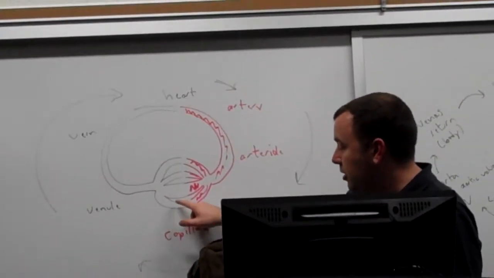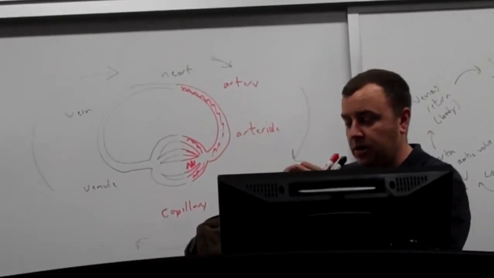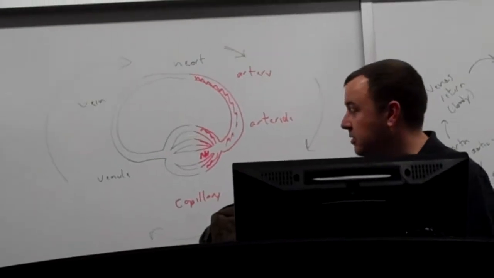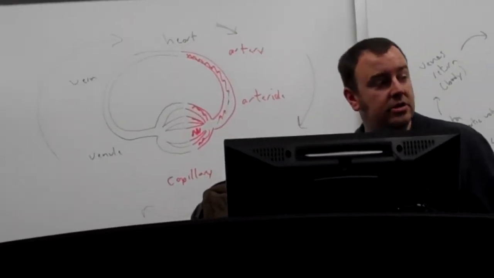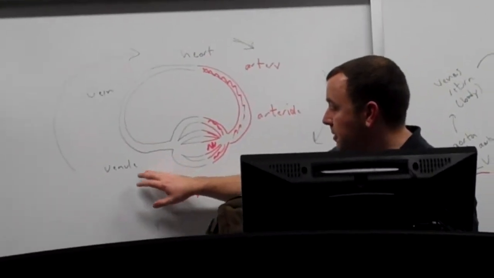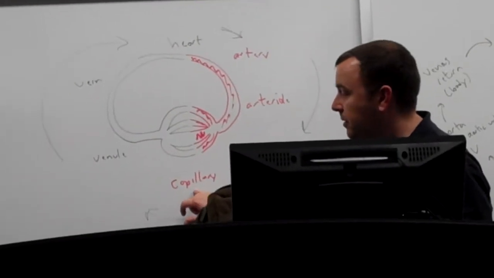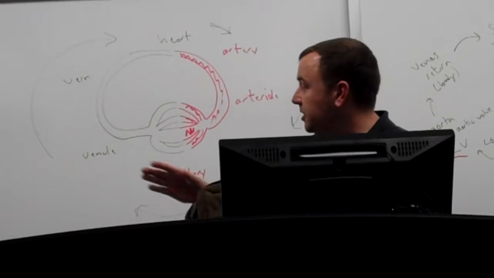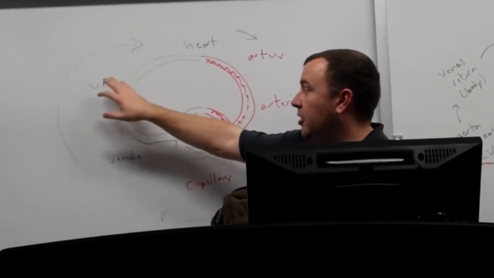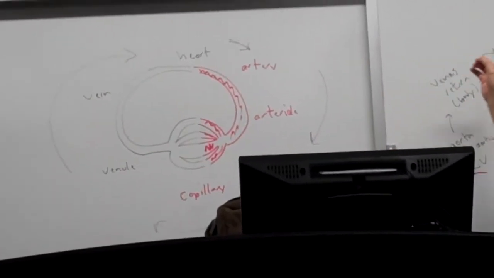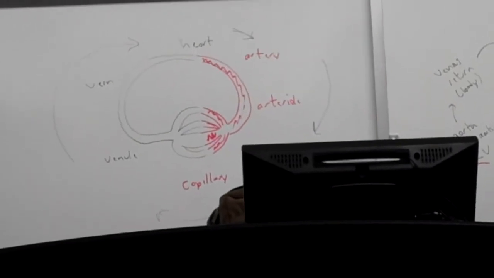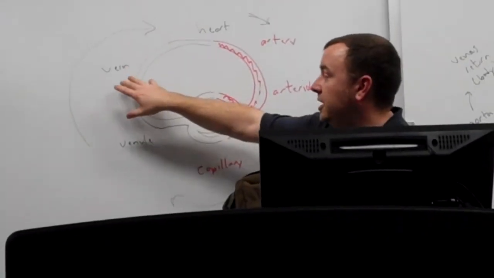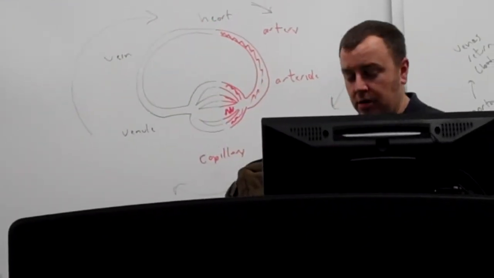Then these smaller pieces of capillary will start coalescing again, combining to form larger and larger vessels, but now containing deoxygenated blood. The smallest structures on the other side of a capillary are venules, and then more venules will come together to form the veins. Ultimately the veins, in the form of the superior and the inferior vena cava, are going to dump all of that deoxygenated blood back into the heart circuit.